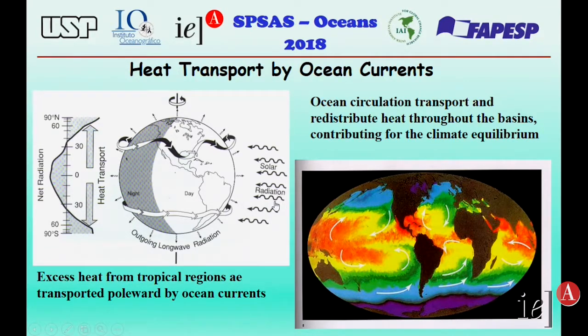So heat goes north, and cooler water comes south. Gets warmer, goes north. Gets cooler, goes back. And this is a thermal machine.